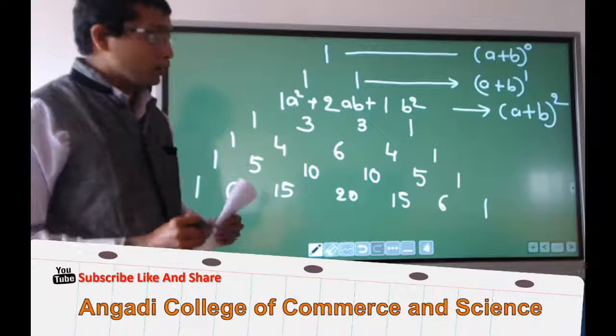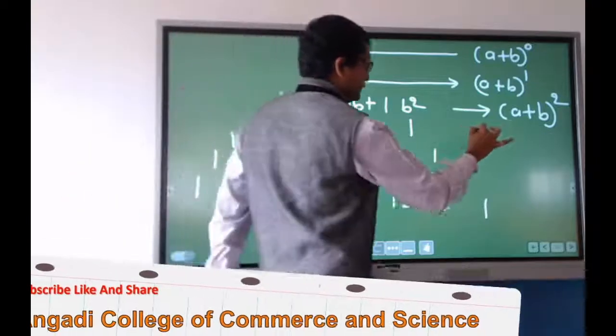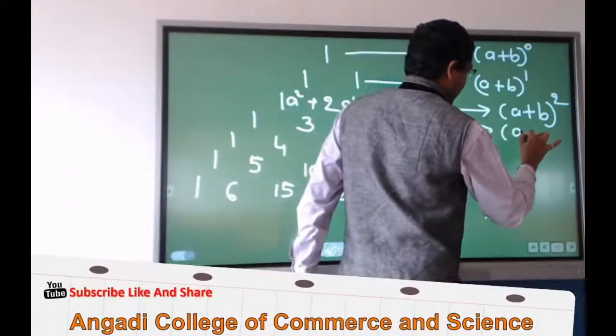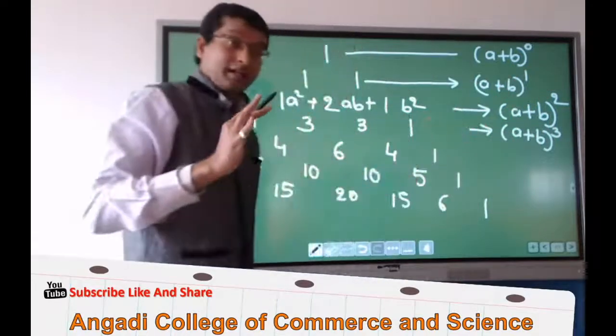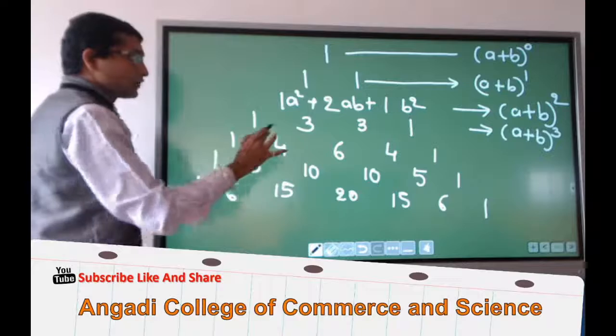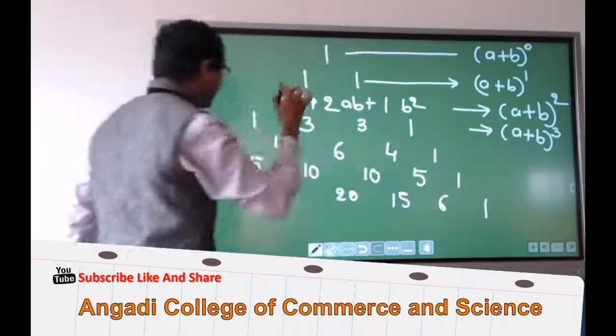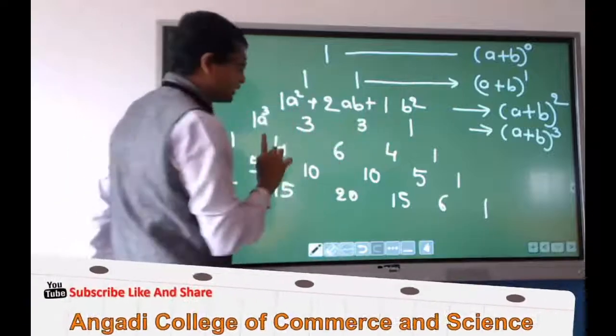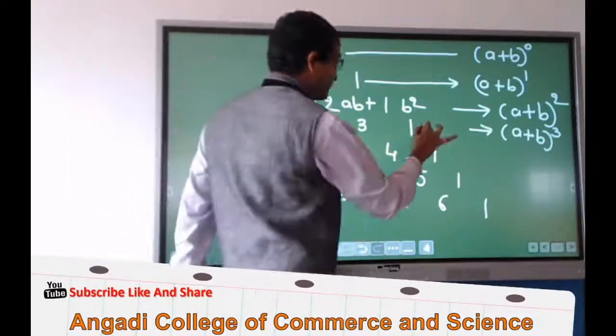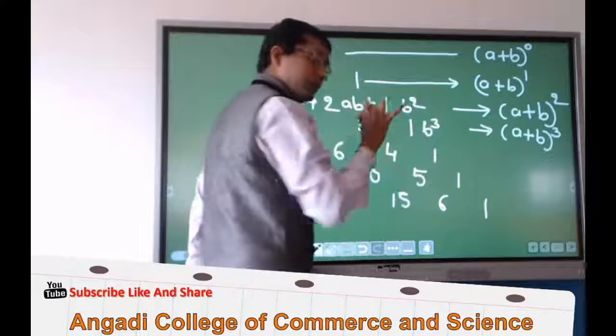Yes, I hope you understood this. Next we will write (a plus b) raised to 3 using the Pascal triangle. That is, first the highest power, a cube, because it is raised to 3. Here for b, the highest power is b cube, right?